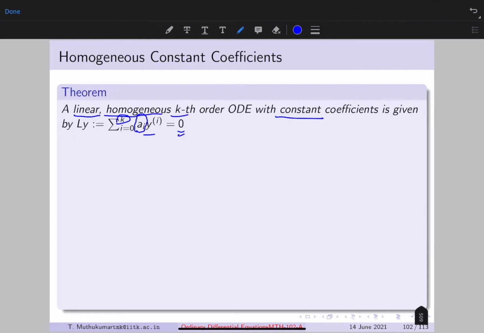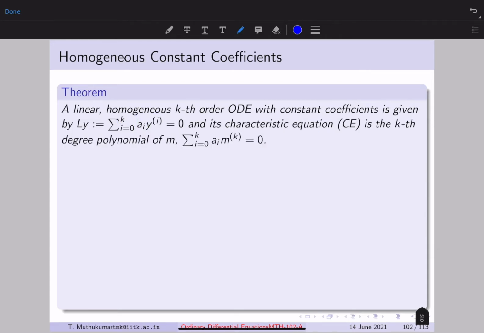So what is the statement of the theorem? It tells you that if you are given an ODE which is linear homogeneous with constant coefficients, then there is a corresponding algebraic equation, called the characteristic equation, which is a kth degree polynomial.